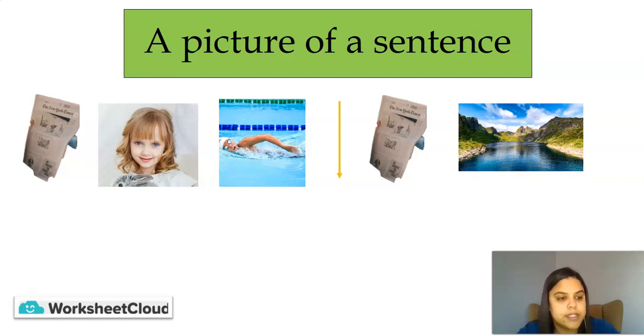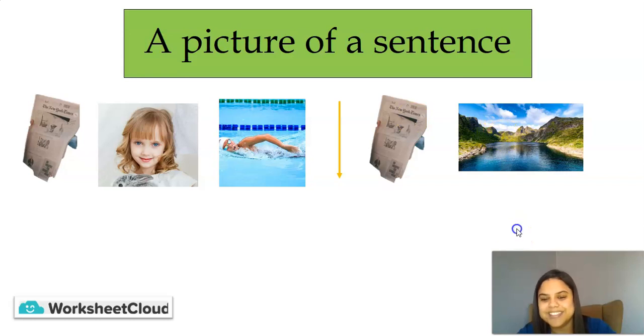So the sentence reads, the girl swims a river, or the river. So what could the arrow mean, grade 4s? In. Okay, so our sentence reads, the girl swims in a river or swam in a or the river.